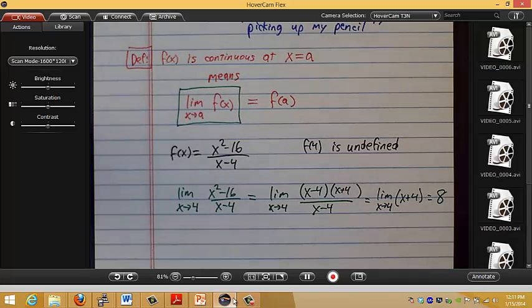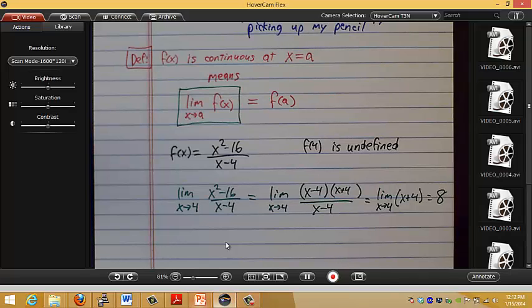If you were to graph that function on the calculator, you would see the values get very close to 8 when x is close to 4. There would be a hole in the graph at the point (4, 8), in a sense. Does this make sense to you guys?